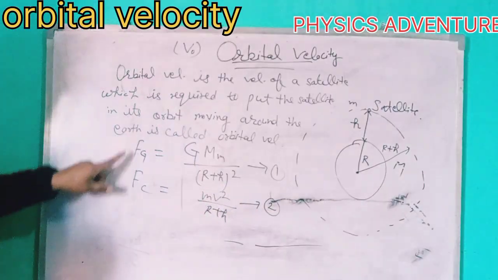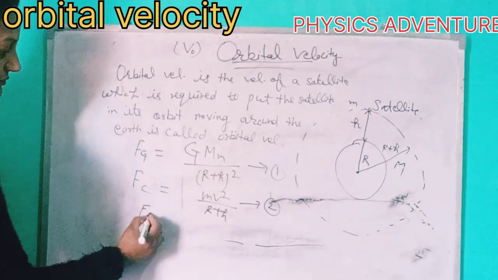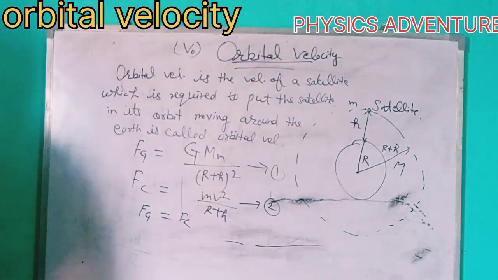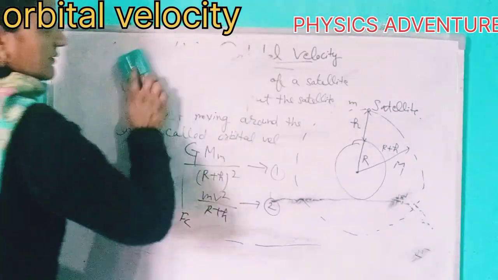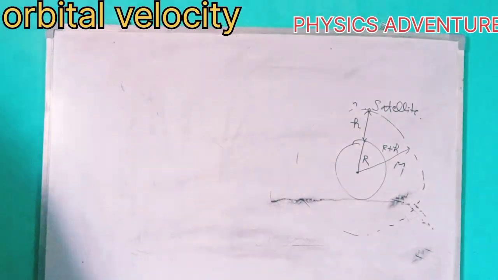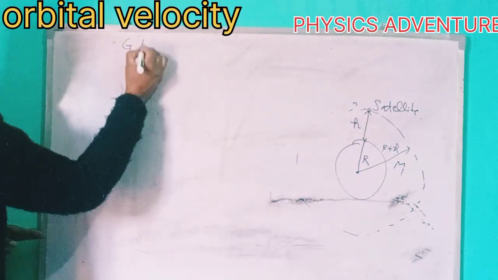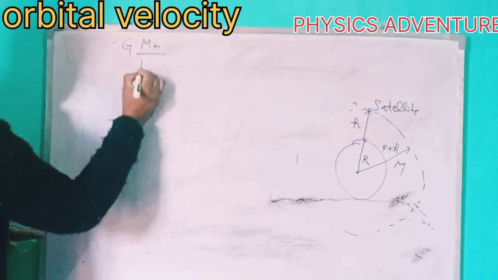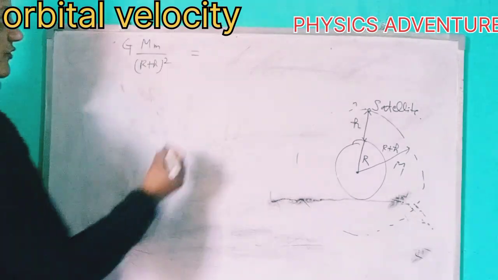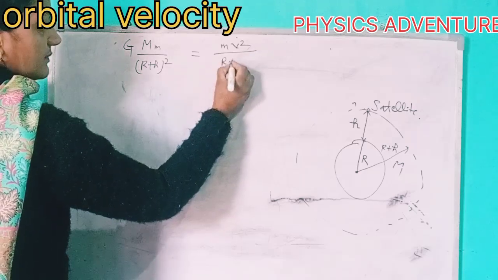Now we can equate both the forces. Gravitational force is equal to centripetal force, F_G is equal to F_C. So it will become: gravitational force, capital G M m over (R plus h) whole square, is equal to centripetal force, m v square over (R plus h).